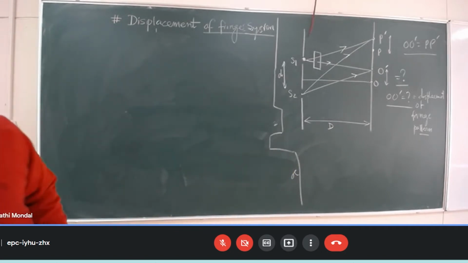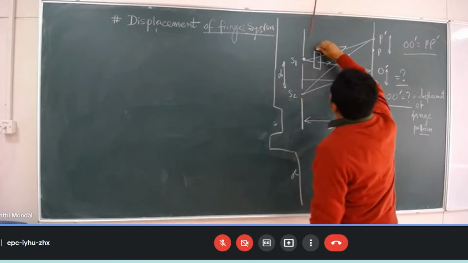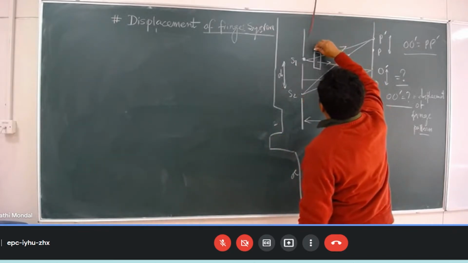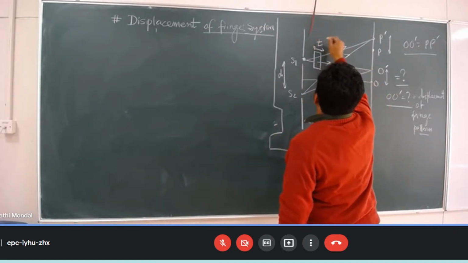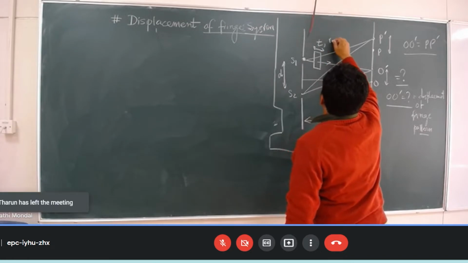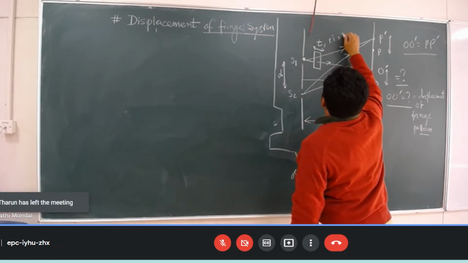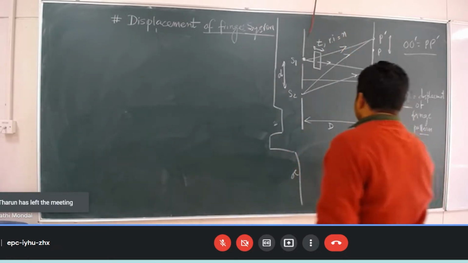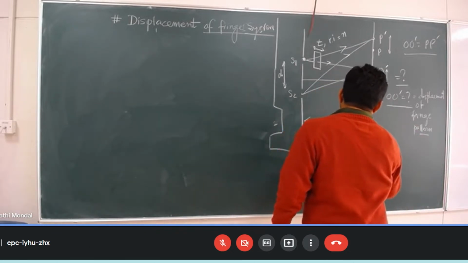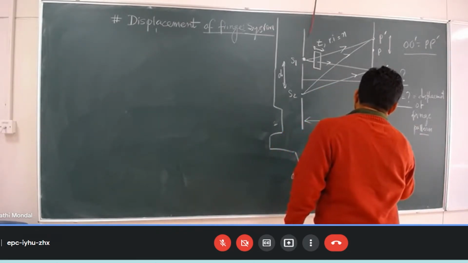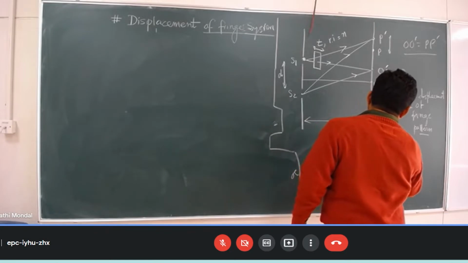So now what is this? The thickness of the sheet is T and the refractive index is, let's say, A. Okay, so T is the thickness of that.